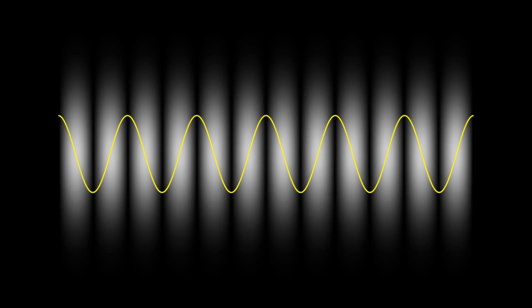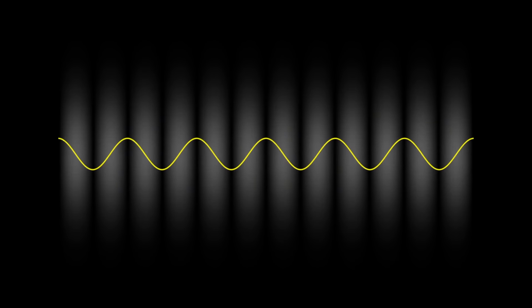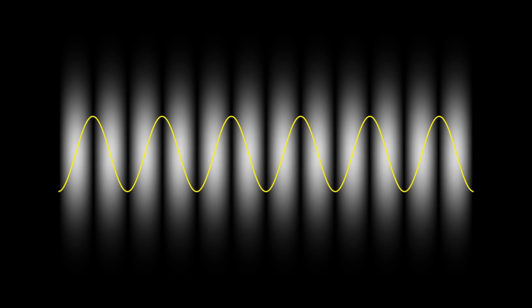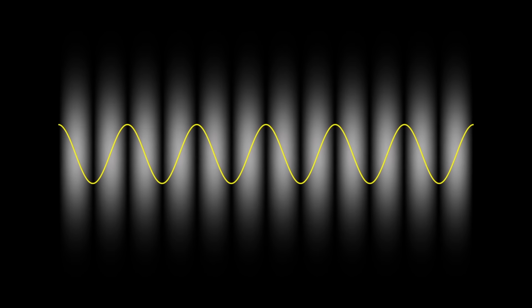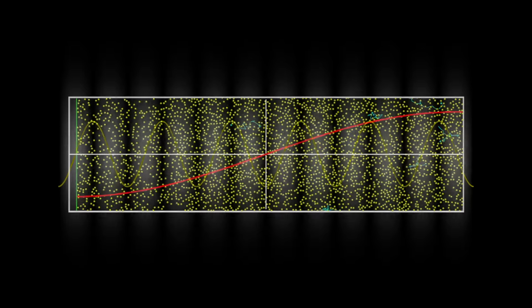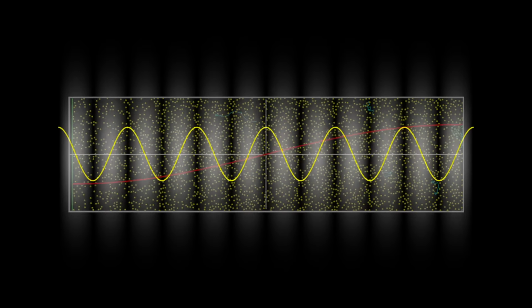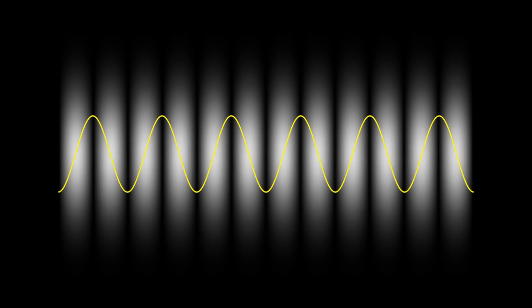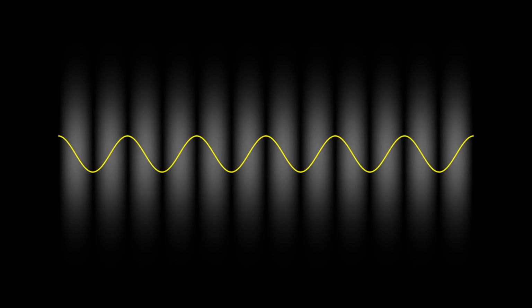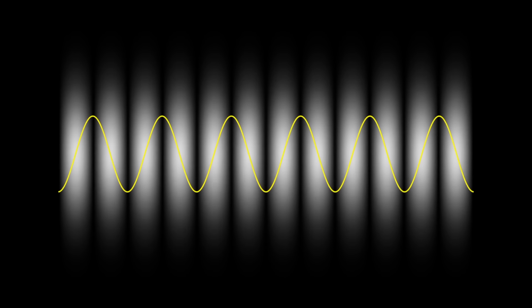To help clarify what's going on, here's an animation of what's happening in slow motion. Recall that the yellow curve here represents the density or pressure of the air, as demonstrated earlier for a simulated standing wave. Notice that the bright fringes appear where there's a density gradient, between the regions of high and low density.